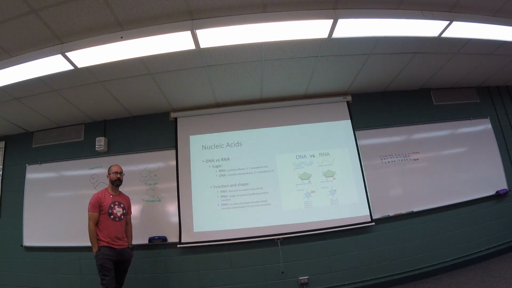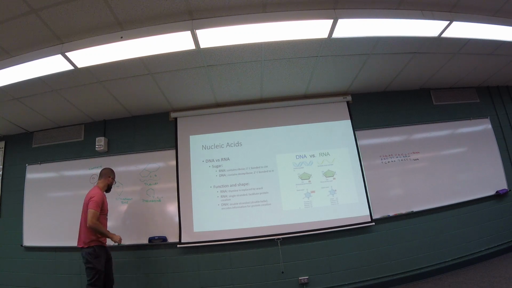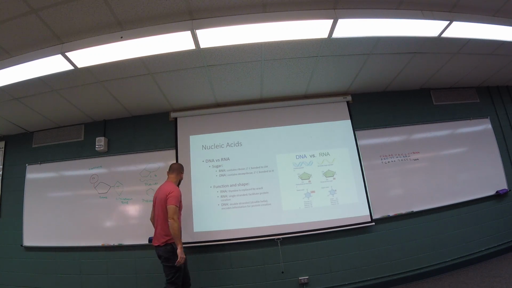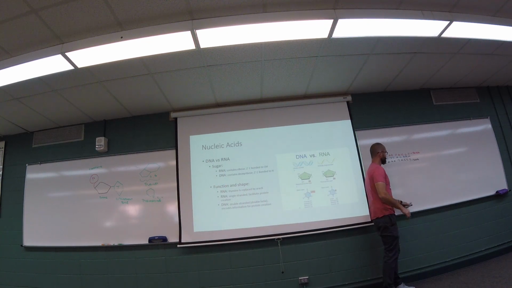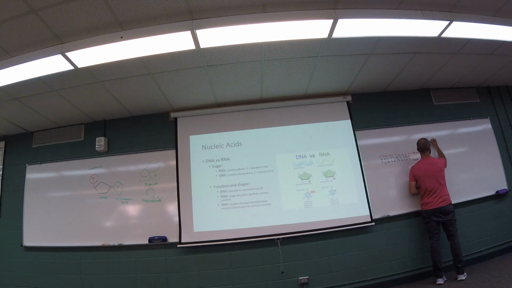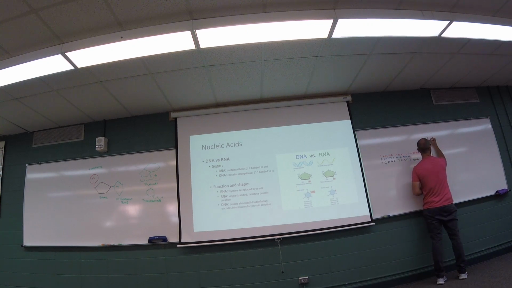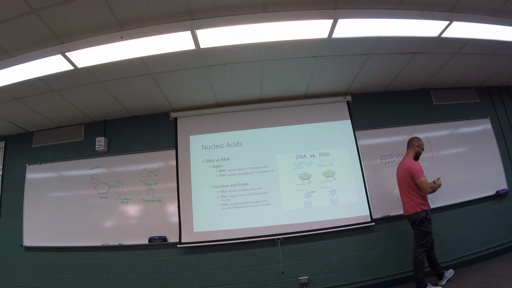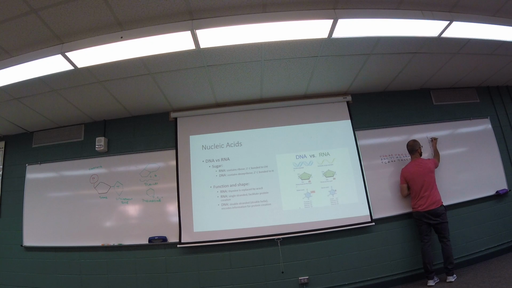Unlike DNA, RNA is going to remain single-stranded. So we know that DNA looks something like this, right? So there is some alternating phosphate sugar backbone for our DNA molecule.